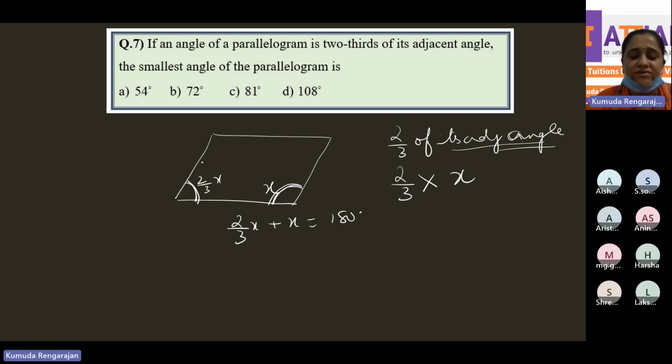And once you find x, you can write 2x/3 plus x is equal to 180. 3 is the common denominator.